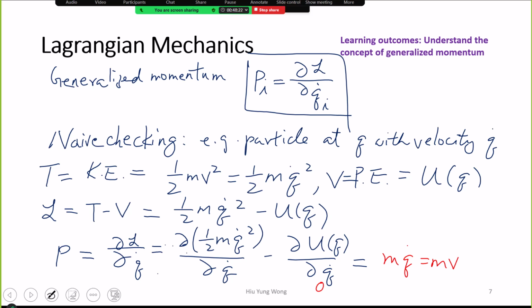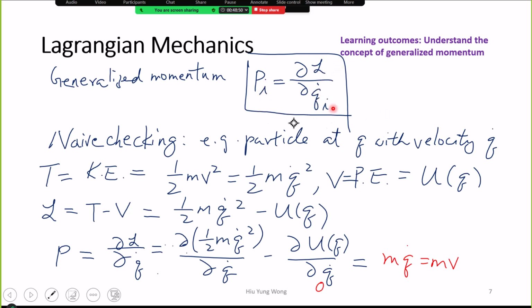Magnitude. Here is magnitude, because we are taking the magnitude of each component. So here I only have 1 degree of freedom, so you only see P equal to mv. But if I really go full, if I have many degrees of freedom, it's Pi equal to partial L over partial qi.